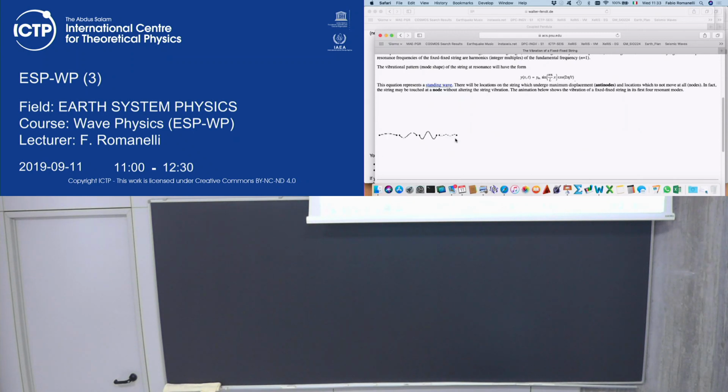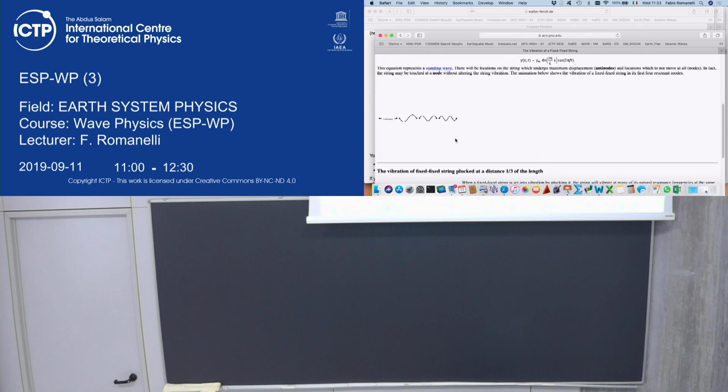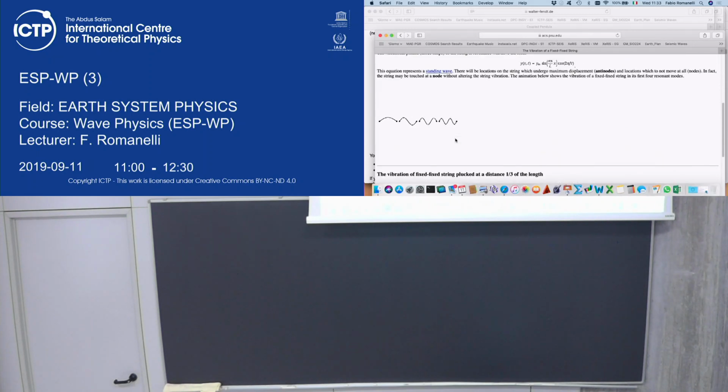Now the Earth is a 3D spherical heterogeneous version of this, but the principle is the same. You can call these standing waves, but it's too early because I want to go there by steps.